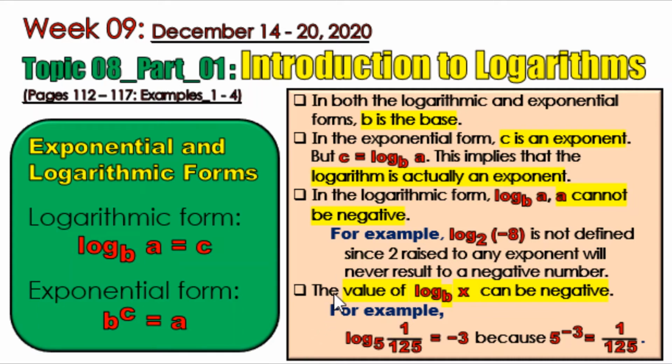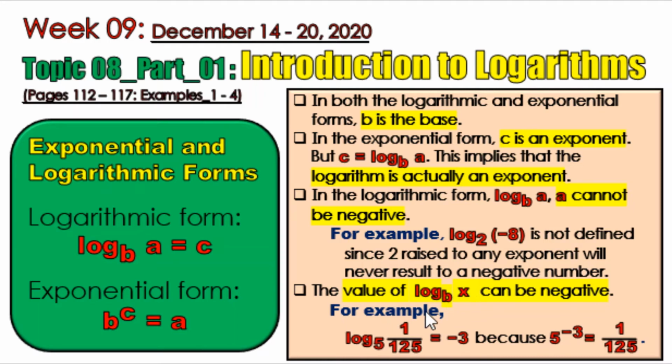And the value of the logarithm of x to the base b can be negative. Again, the value of logarithm of x to the base b can be negative. So in other words, the exponent of b can be negative to get the value of x.